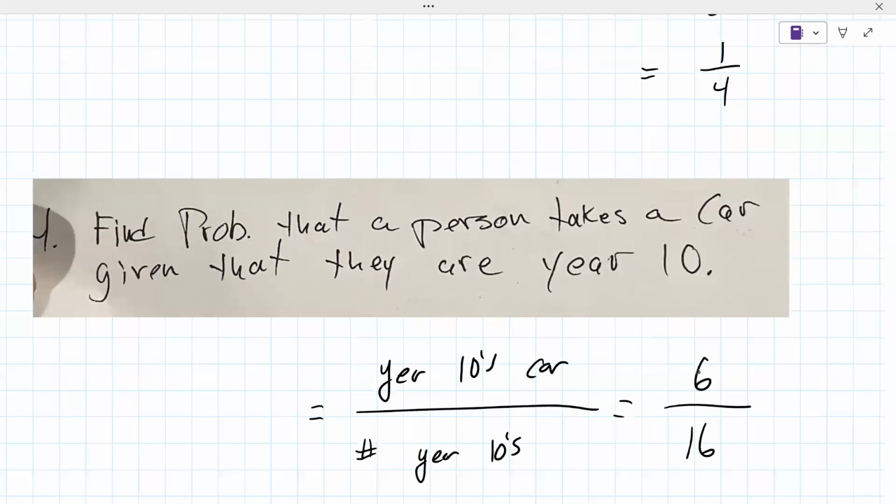It's not a half. 3/8. Okay. All right, good job.